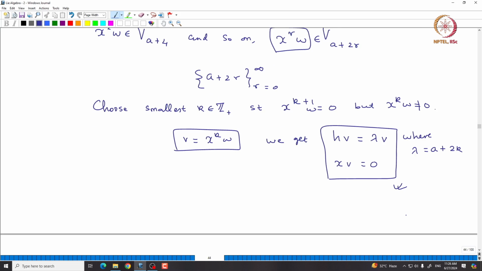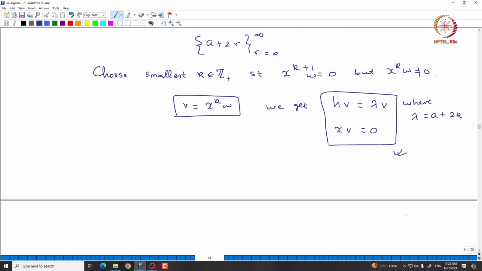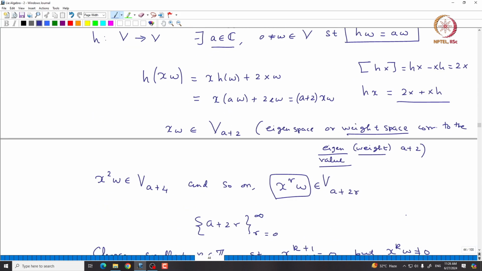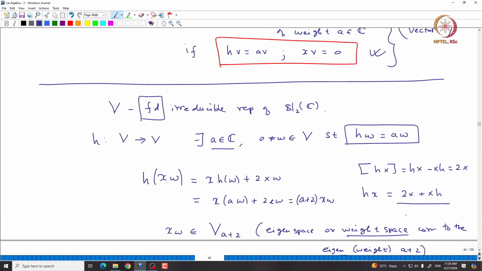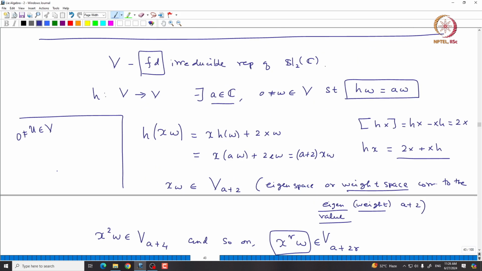Okay. So, what is the use of this? You may be wondering. Okay. Suppose I start with any nonzero vector in V, we know that by applying various powers of these basis elements, we will be able to generate this entire module capital V, because V is irreducible. So, we can start with any u which is nonzero inside V. So, you apply various powers of h, x and y.